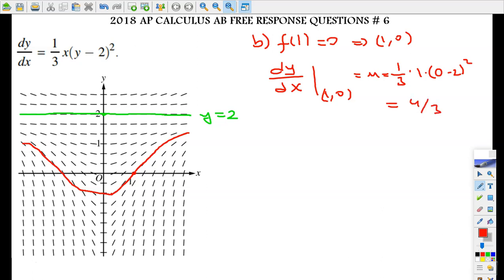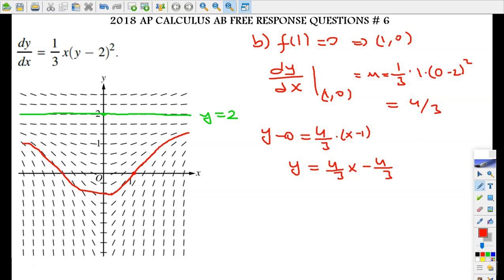So this is the slope of the tangent line at this point. Now we know the x coordinate, the y coordinate, and the slope, so it's easy to figure out the tangent line equation. y minus 0 equals 4/3 times (x minus 1), so y equals 4/3 x minus 4/3. This is the tangent line equation.